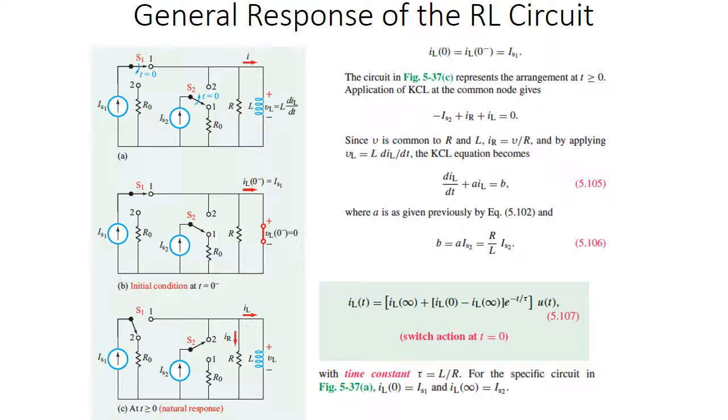What's happening there is exactly what I said before. Once your inductor is fully charged, it just acts as a short circuit. So you can pull the inductor out and just draw it as a line there, and that's all it is. There is no change in voltage there. It's 0. It's just a line.